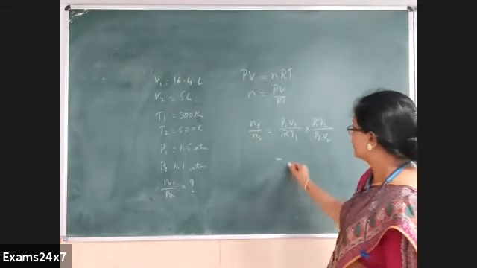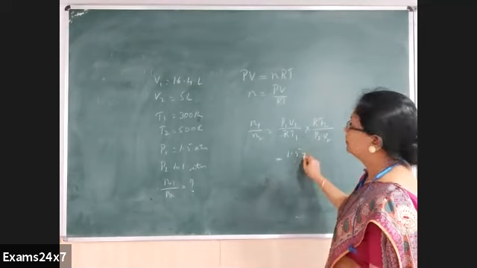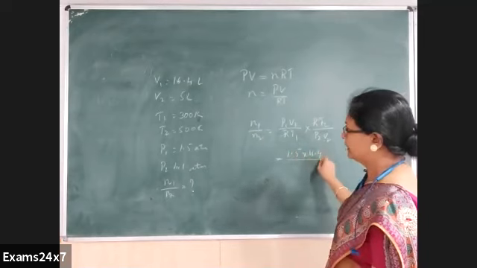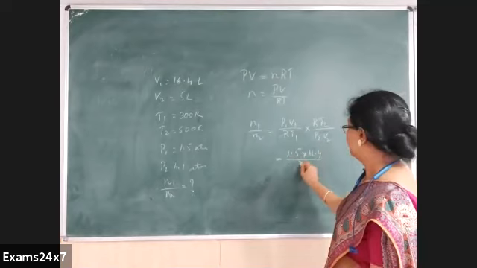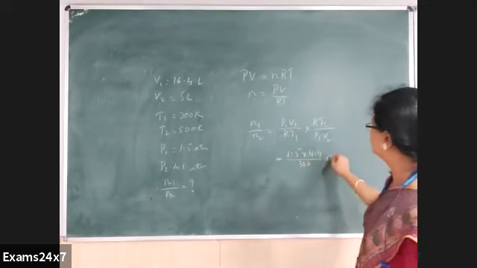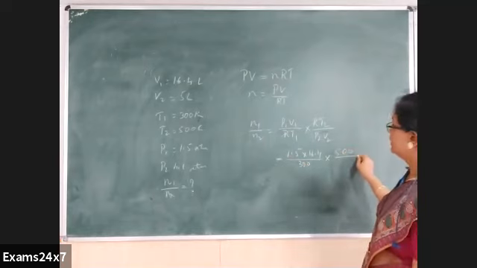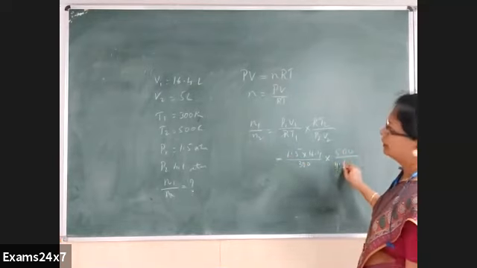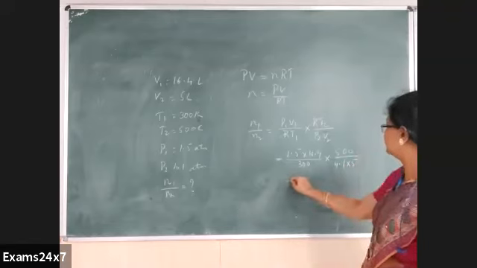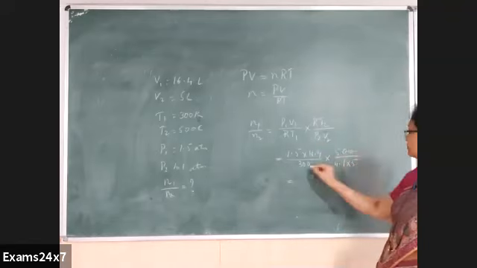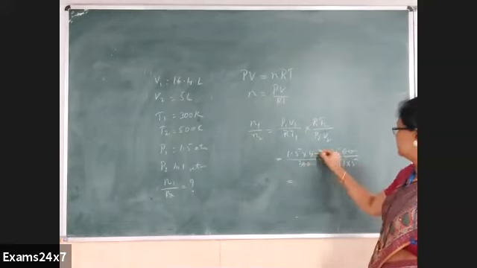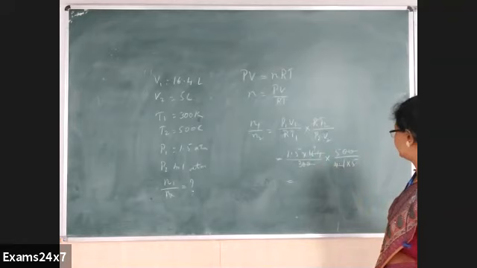P1 is 1.5, V1 16.4 by T1 300 into T2 500 divided by P2 4.1 into 5. 4.1, 16.4 goes 4 times. 5 goes here.